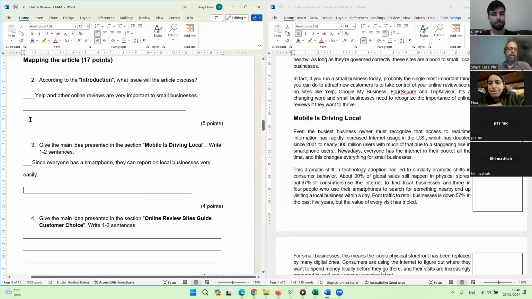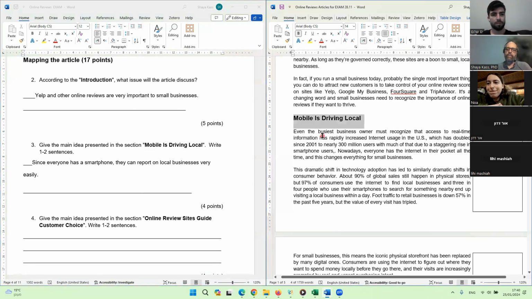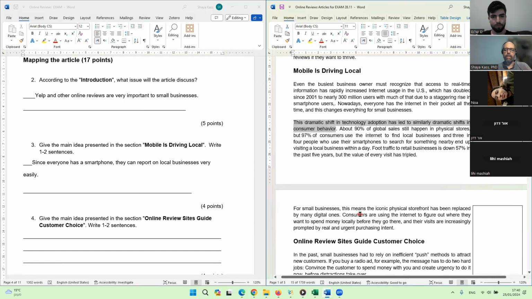If you don't believe me, Noah, and I, okay, it says here nowadays everyone has the internet in their pocket all the time. This changes everything for small business. This dramatic shift in technology adoption has led to a similar dramatic shift in consumer behavior. For small businesses, this means iconic physical storefronts have been replaced by many digital ones. Okay?